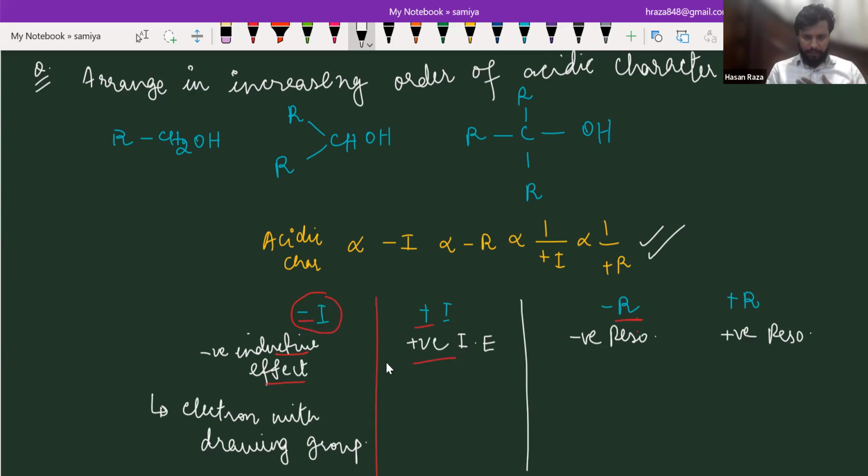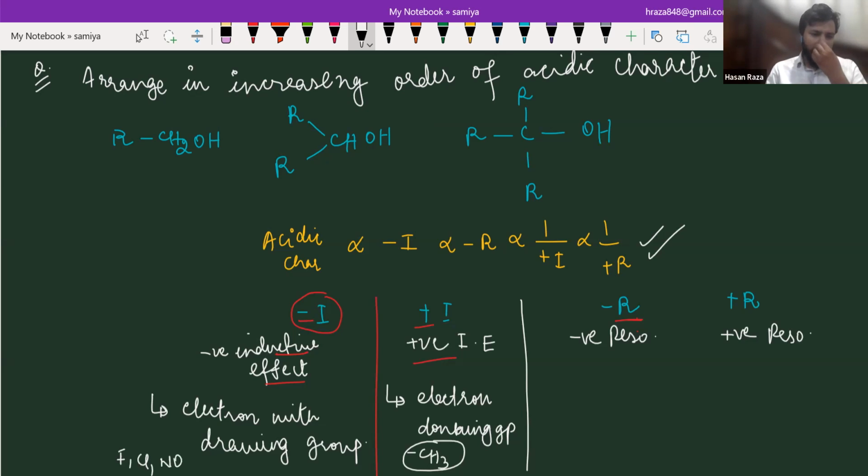Positive inductive effect means electron donating group. It's very easy. For example, CH3 is an electron donating group. Electron withdrawing groups are like fluorine, chlorine, and NO2.